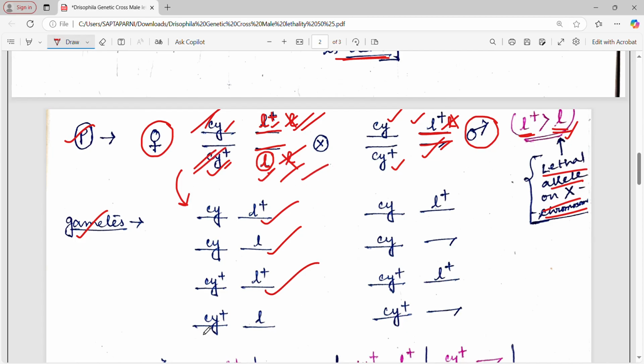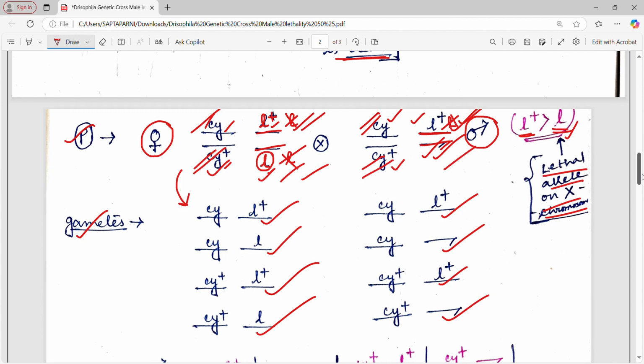Similarly, from father, one gamete will be CY with L plus, carrying the X chromosome. Another one will be CY with Y chromosome. Then CY plus with L plus carrying X chromosome, and CY plus with Y chromosome.